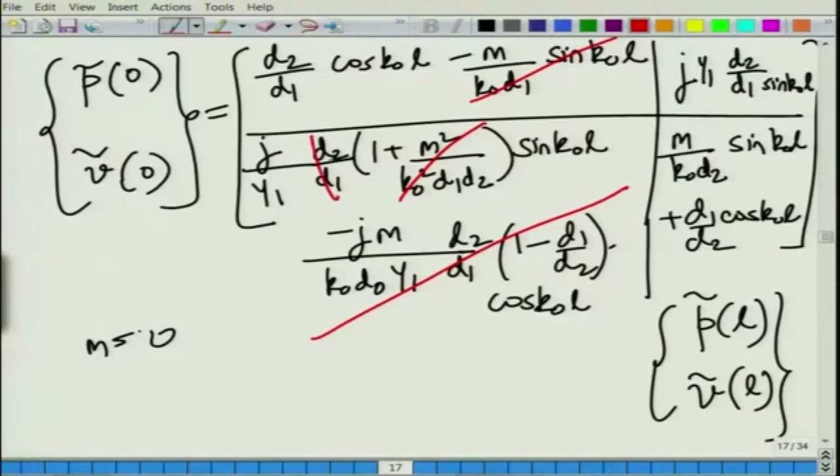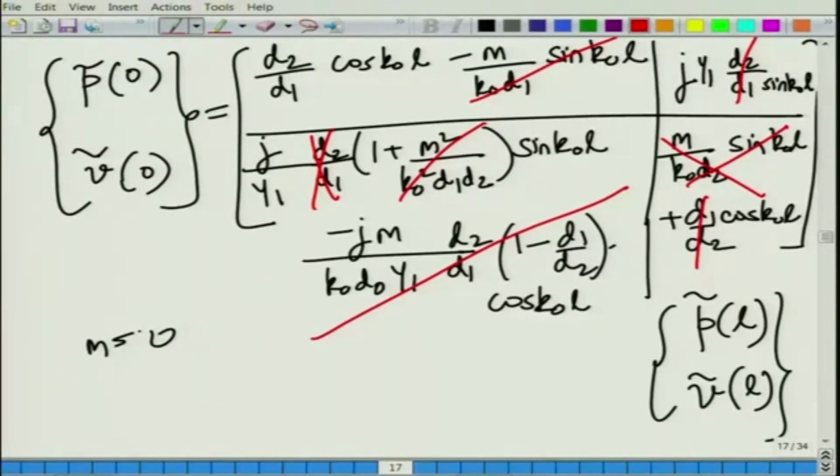So, you get back your transfer matrix for a uniform duct, and that is the check of self consistency, which we have always been insisting upon.